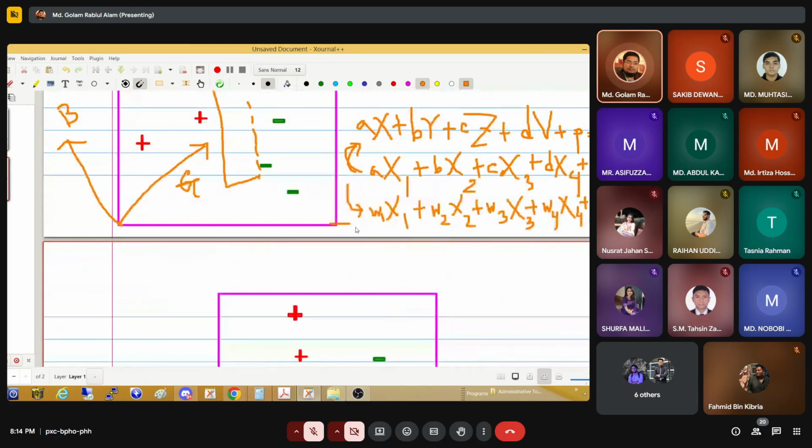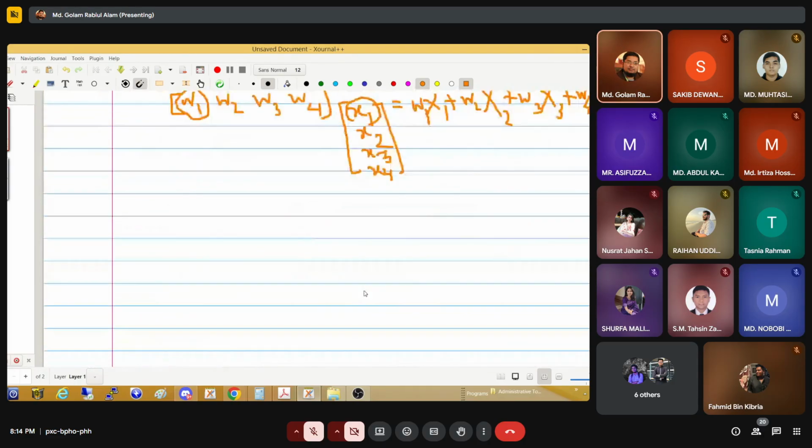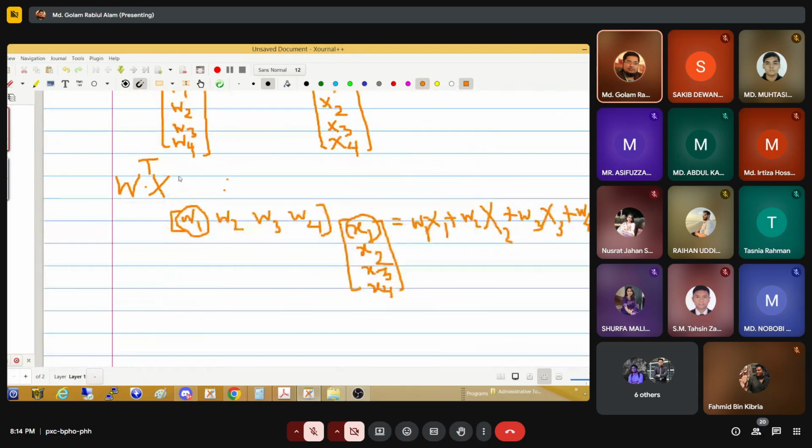If we look at our hyperplane equation here, this is w1 x1, w2 x2, w3 x3, and w4 x4 plus b. Consider W transpose X plus b. If we add the b here, then we have to add the b here.